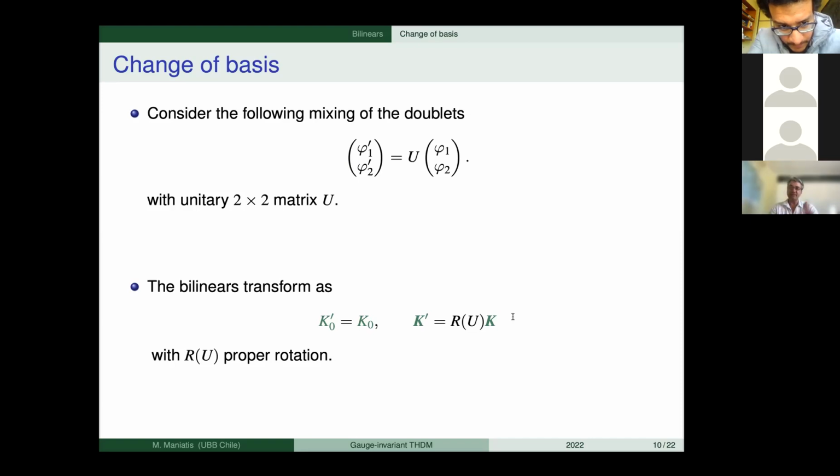If you do this and write down the new potential, it usually looks very different. But with a potential written in terms of bilinears, this basis transformation is just a rotation of the K vector. K0 is kept invariant by any unitary transformation, and the K vector, K1, K2, K3, is just rotated. So you can easily detect any basis transformation.